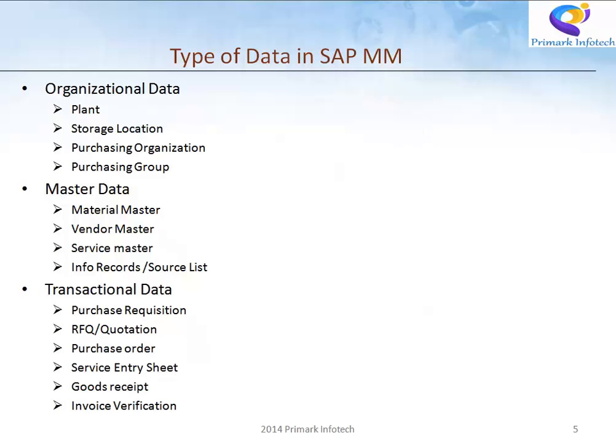All these are mapped in SAP as storage locations. The organization which does the procurement in a particular manufacturing industry or whatever industry is called the purchase organization, and the group of people, or maybe an individual, who does the procurement there are created as purchasing groups. So this is the org data.